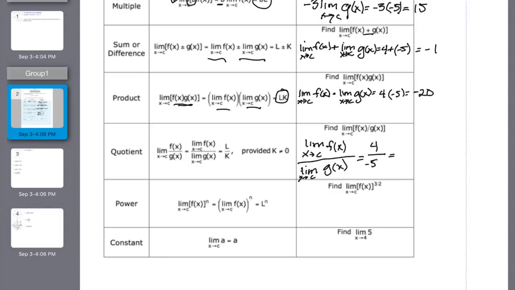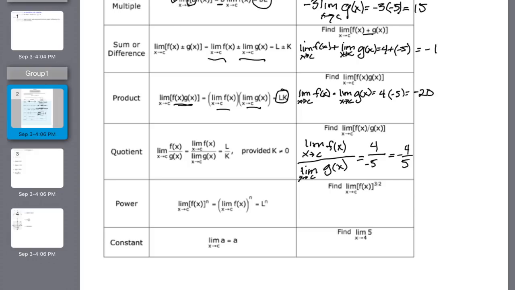So if we simplify this, I'm just going to put my negative out in front. We get negative 4 over 5. And we do that all the time. Think about the ones that we're refactoring and canceling, where we're doing the limit piece by plugging into the top, the limit piece by plugging into the bottom, and then bringing that as a ratio as our final answer. So that's what that one says we can do.